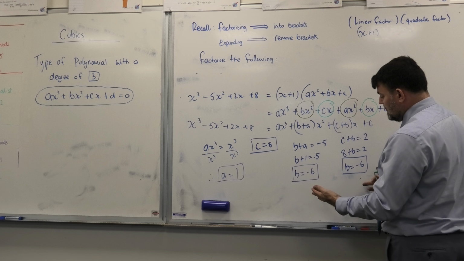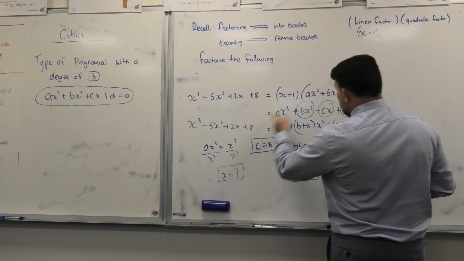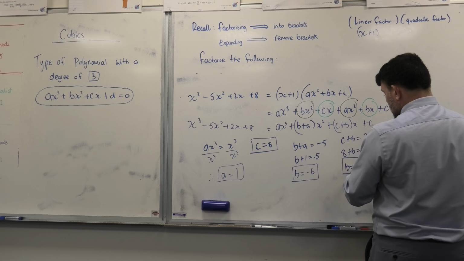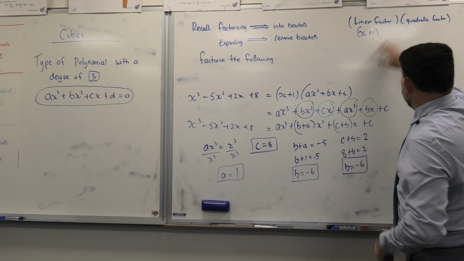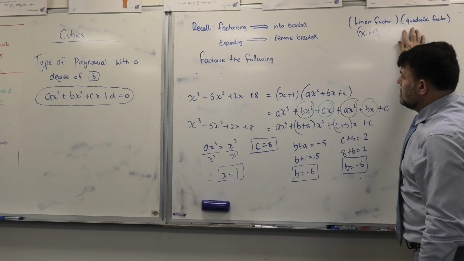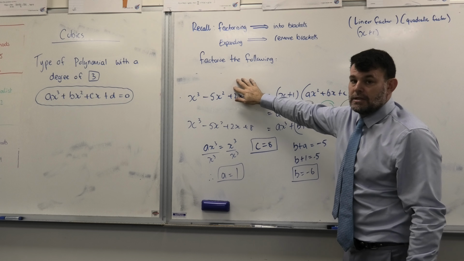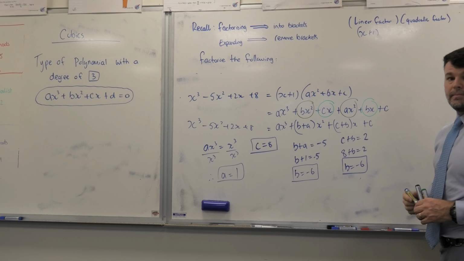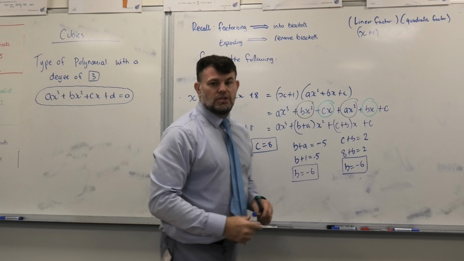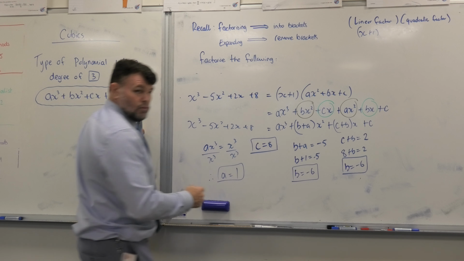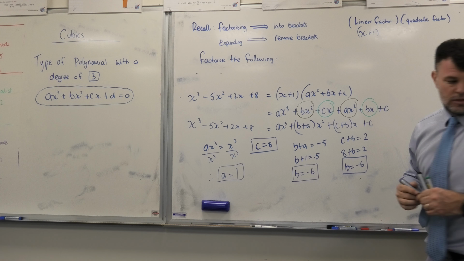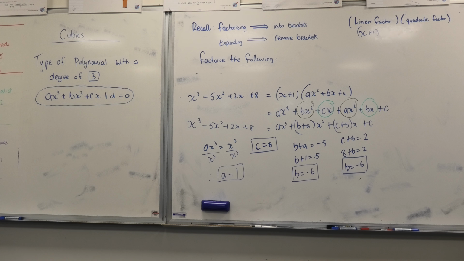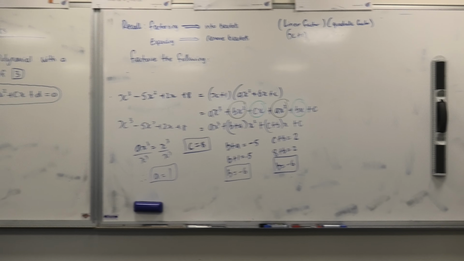So all I need to do now is substitute the a, the b, and the c into this equation to help me work out what that second quadratic is, to help me get the factors for this. Let me have a look. We'll write it over here; you should be able to see it still.